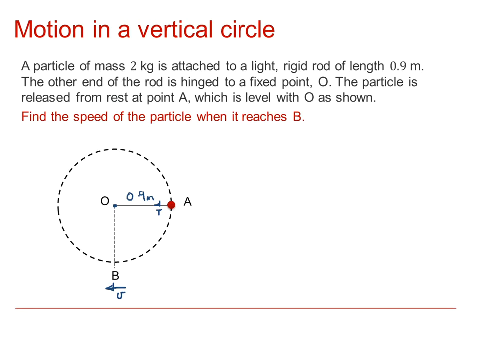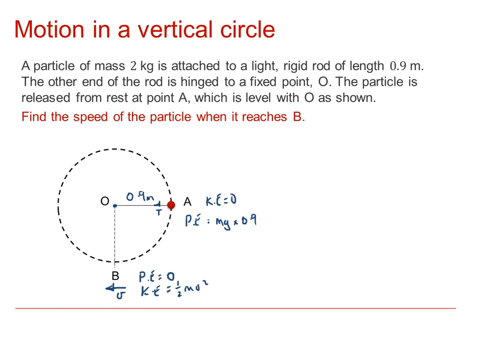At the start we have kinetic energy equal to 0, and potential energy given by mgh, where h is just the radius of the circle, so the potential energy is mg multiplied by 0.9. At the bottom we have potential energy equal to 0 relative to the starting point, and therefore that potential has been converted into kinetic energy, a half mv squared.